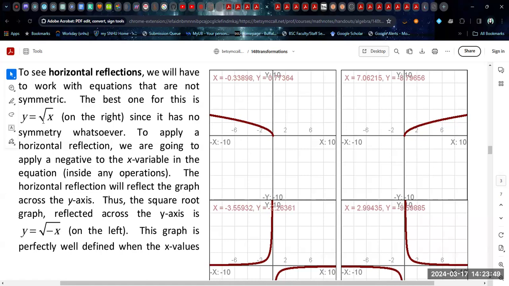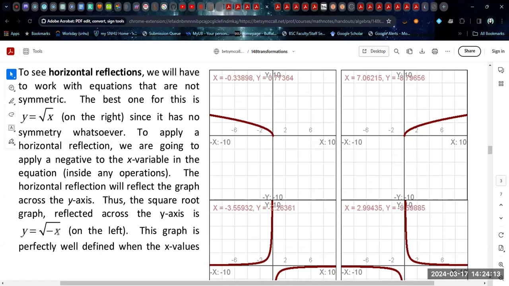Now, if I take my square root of x graph, it looks like this over here. And when I apply the horizontal reflection, I replace x with minus x, the graph flips over to the other side and is now pointing from 0 and then through the negative values, because the negative will make negative values into a positive, and then you can apply the square root.